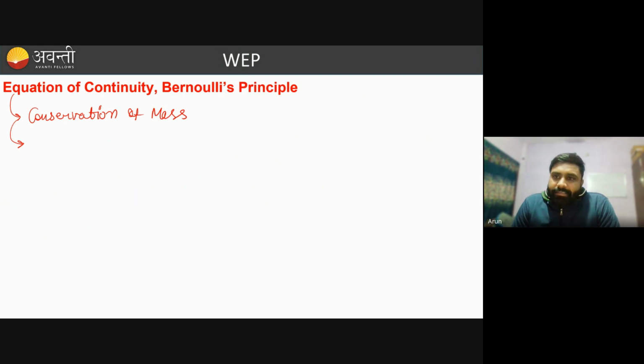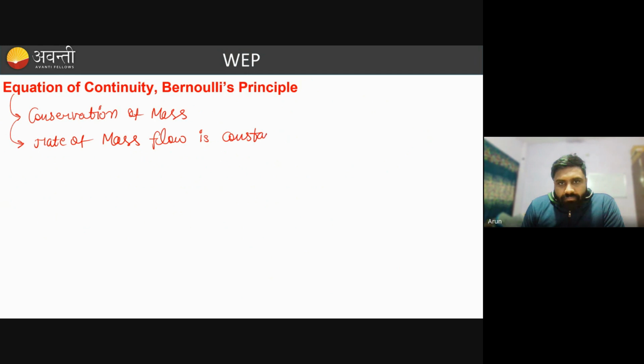Which means that the rate of mass flow is always constant. So you can say here that the rate of mass flow is constant, or the volume flow rate is constant.